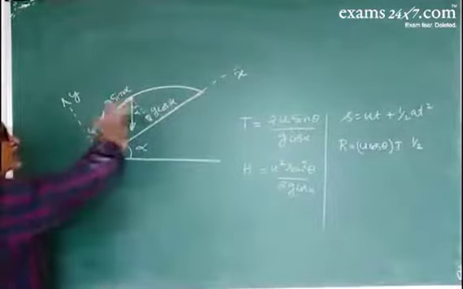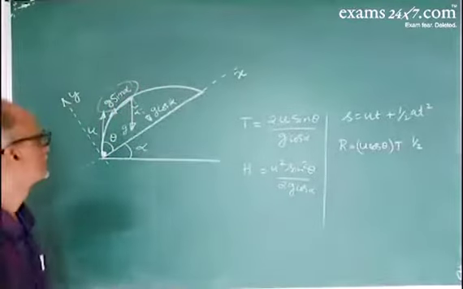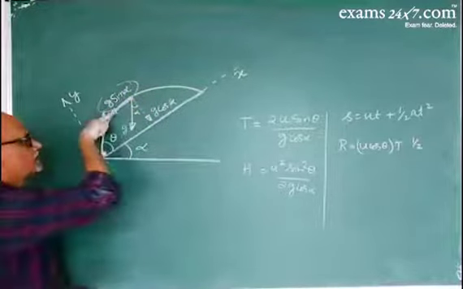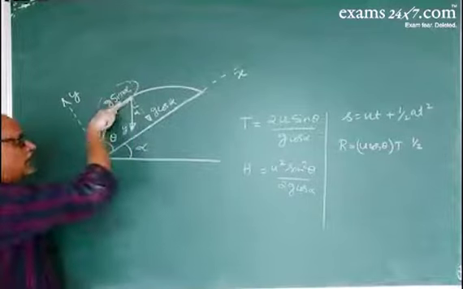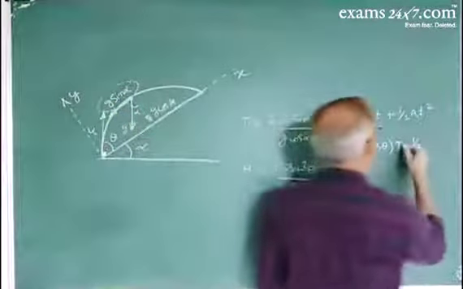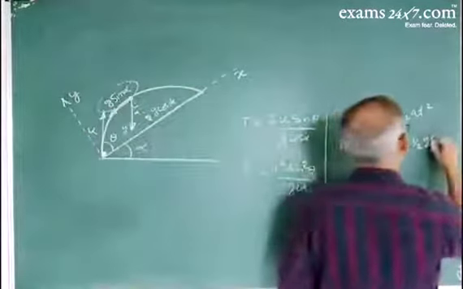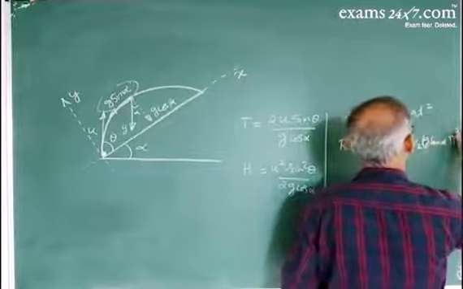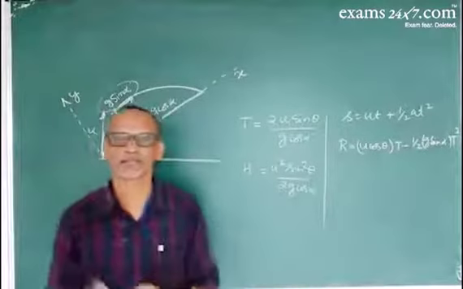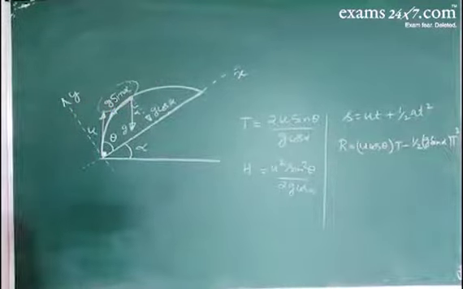The acceleration along the plane here is g sin alpha. But look at the direction. It is downward, whereas the direction of the velocity of the projectile is upward. It's moving like this, upward. That's why I have to consider this sign as minus. So it's minus half g sin alpha into t square. These are the equations to be used to relate the various variables when a projectile is projected from the inclined plane in the upward direction.